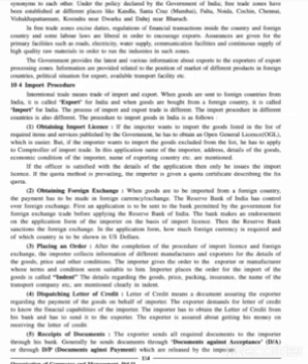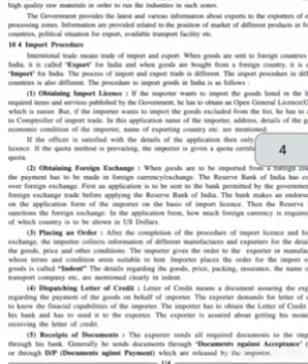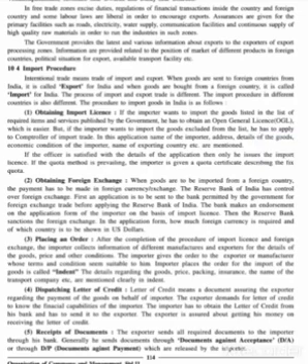So, following are the points. The first one is obtaining the import license. If the importer wants to import the goods listed in the list of required items and services published by the government, he has to obtain an open general license, that is called OGL, which is easier. But if the importer wants to import goods excluded from the list, he has to apply to the comptroller of import trade.